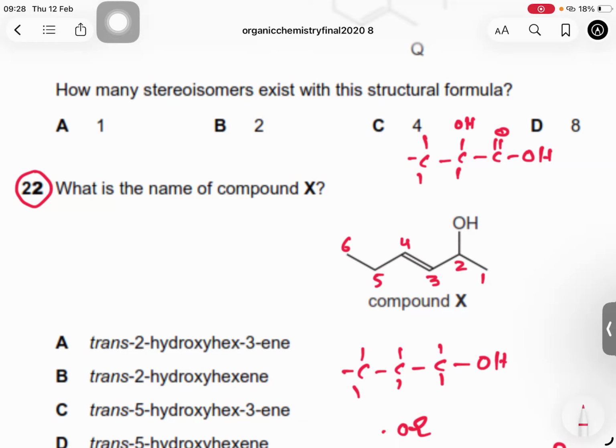Then we don't say 'ol'; we call it hydroxy. So it's about priority. COOH gets the priority. Its name remains the same, and we call it 'oic acid'.